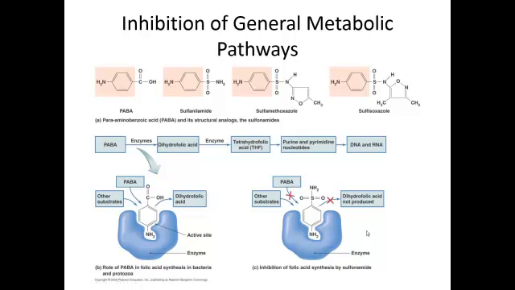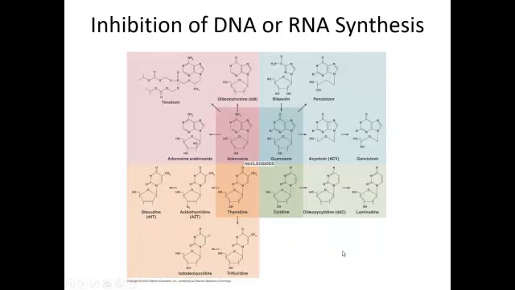This leaves our cells alone because we're importing folic acid. But this shuts down nucleic acid synthesis indirectly. Now, what kind of inhibition would this be? That's right, competitive inhibition.